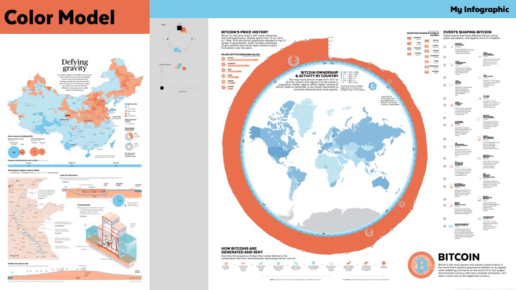The second drawback is within the use of color. Although I have emulated the same use of red and blue, I have not emulated the same use of shades of red and blue. My infographic uses a lot more darker shades of red, whereas my color model, Defying Gravity, uses lighter shades of red.